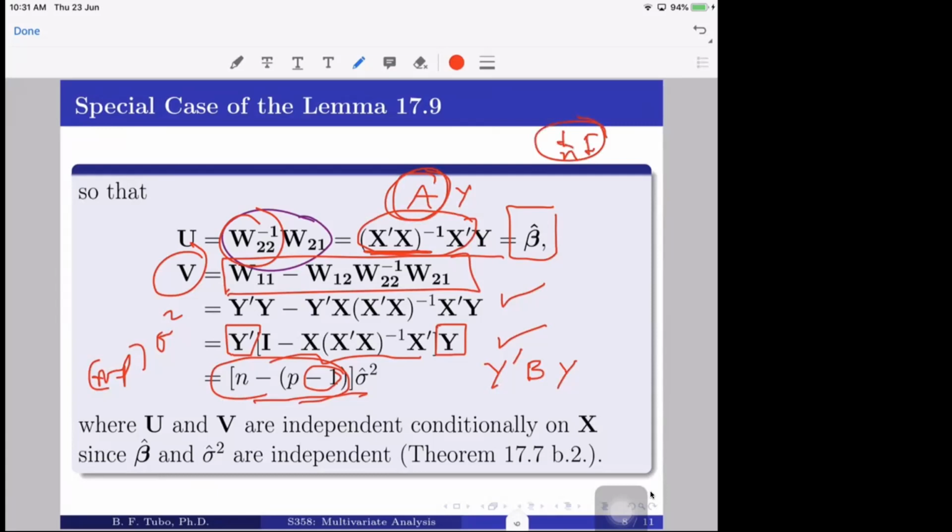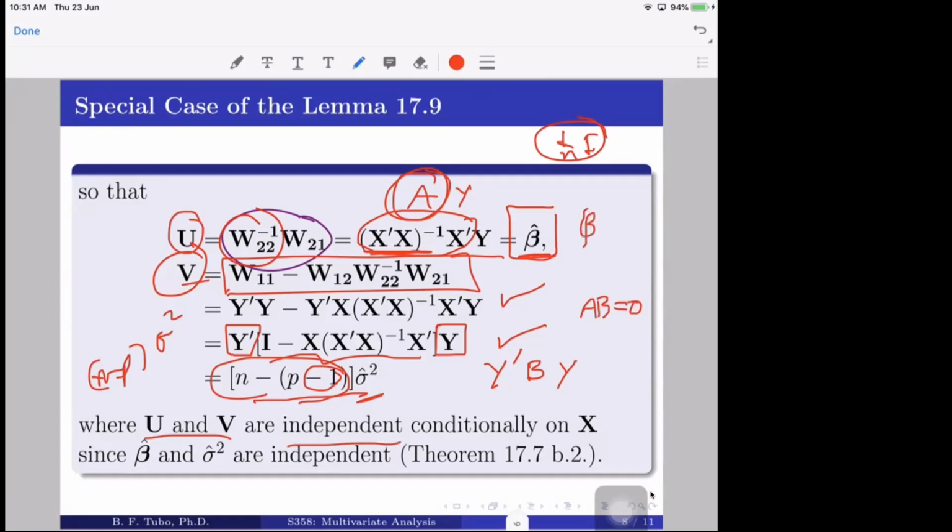So this is AY, this is Y prime BY, and they are independent if we can show that if we multiply AB to be equal to 0, they are independent, no? So this is your U and V. U as a function of beta hat and V as a function of sigma hat square.